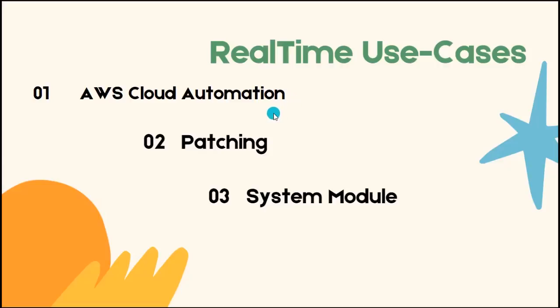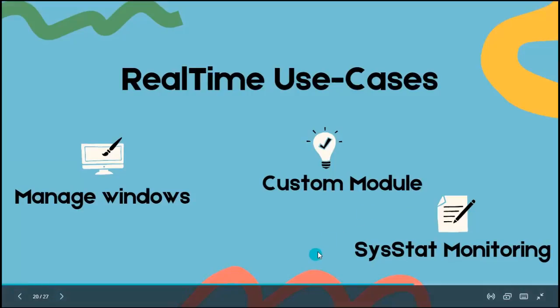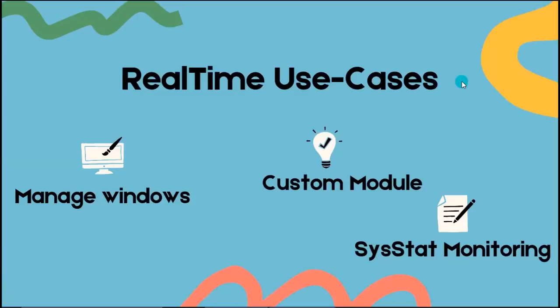So: AWS cloud automation using Ansible, how to patch the servers using Ansible, how to utilize the Ansible system modules, how to manage Windows using Ansible, how to create a custom module according to each and every requirement, and how to create sysstat automation monitoring using Ansible.